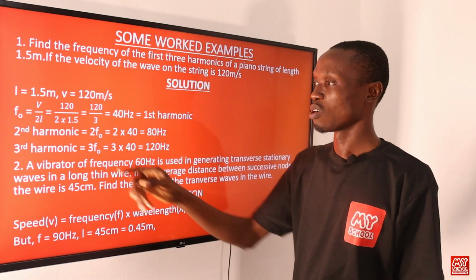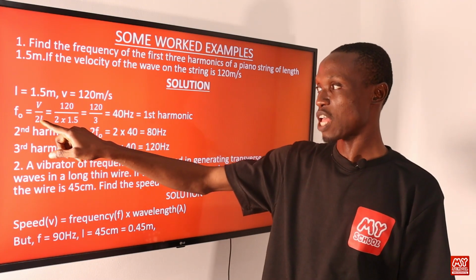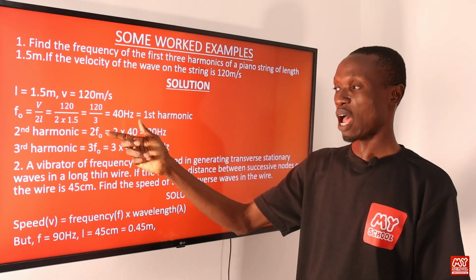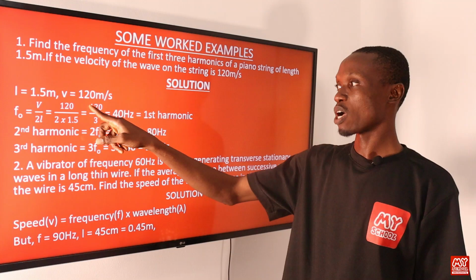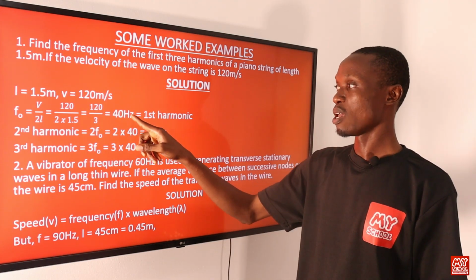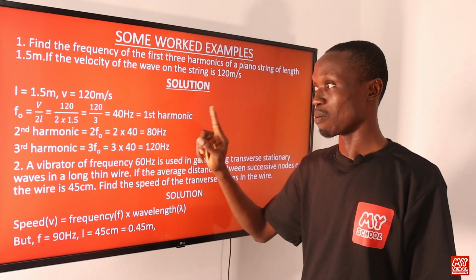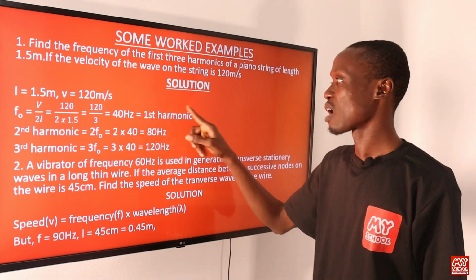So in place of v, we replace it with 120, and in place of L, we replace it with 1.5. But remember that 2 times 1.5 is 3. So 120 divided by 3 is equal to 40 hertz. That is the fundamental frequency, which is also equal to the first harmonic.